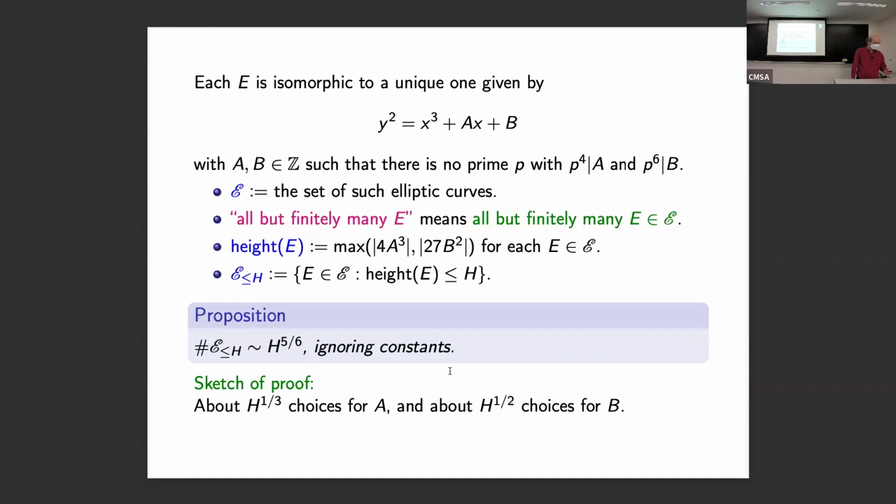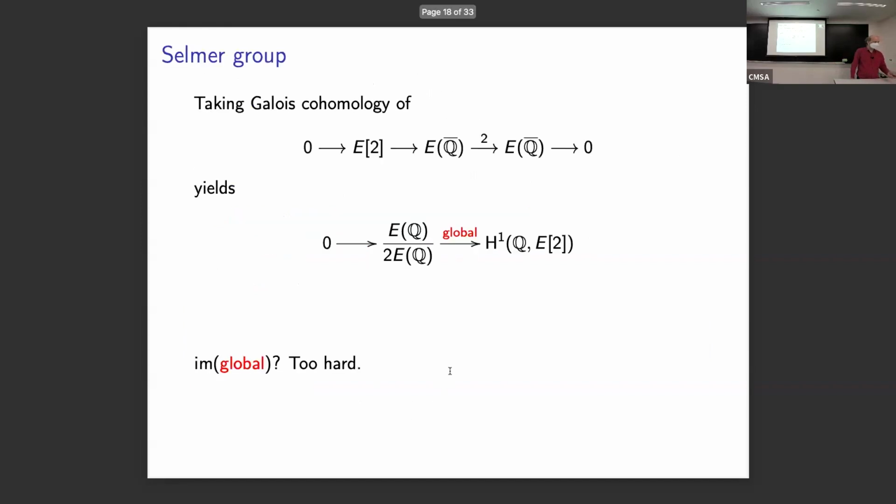Now this is going to take a little while, but I'm going to need to define what a Selmer group is. Let me first tell you why we're going to define these groups. There's only one way known to get upper bounds on the rank of an elliptic curve: to bound the rank in terms of the Selmer group that I'm going to define.